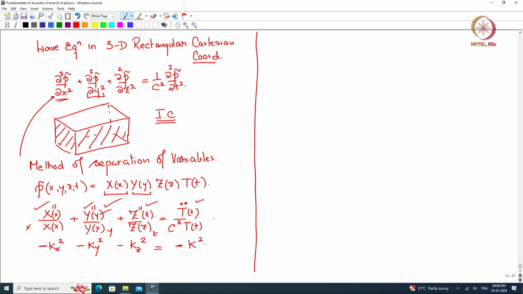So I am going to equate it like this. The negative k square we have understood before. This has to be a negative real number. If it's 0 or positive, it will have unnatural behaviors. We have seen this before. So essentially kx square plus ky square plus kz square is equal to k square.